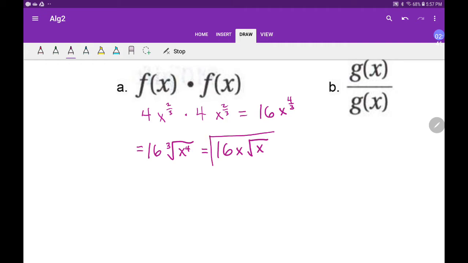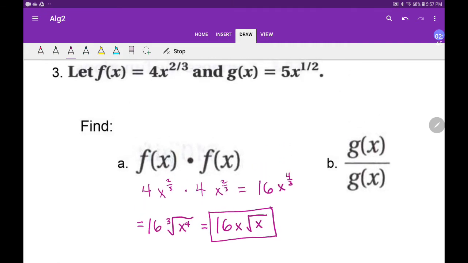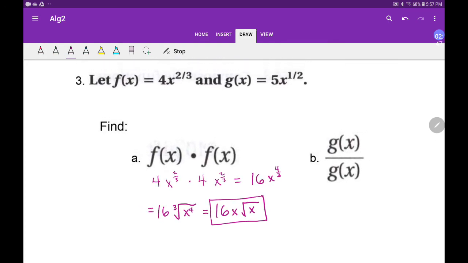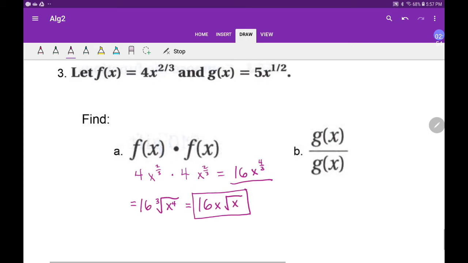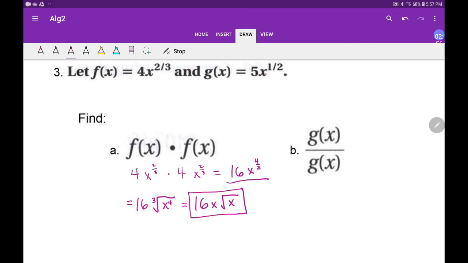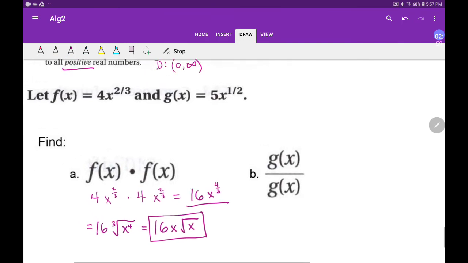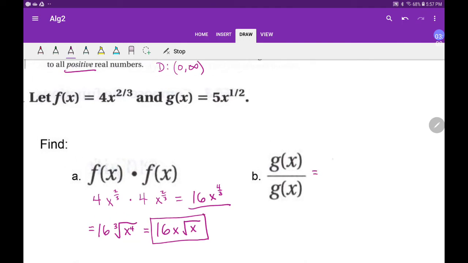So that's how I'd write it. If you wanted to leave it the way it came, maybe that would make more sense. But they're both equal to the same thing, and I kind of like the fact that you take out an x.